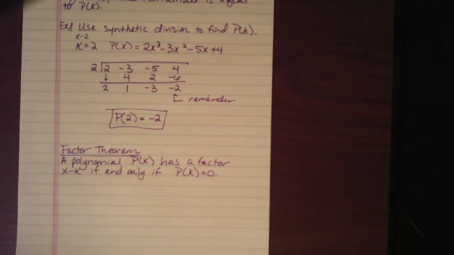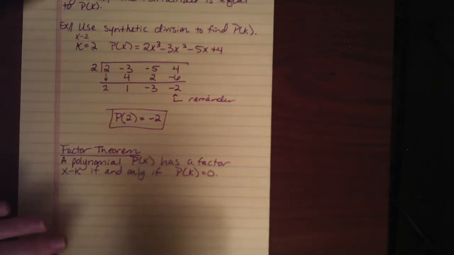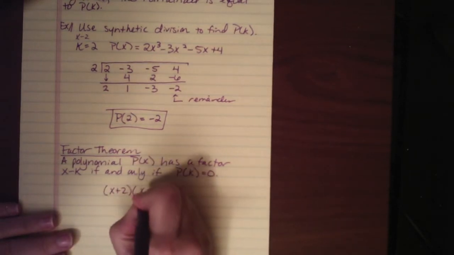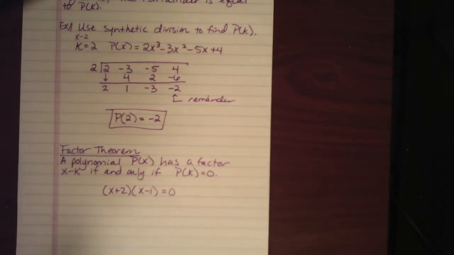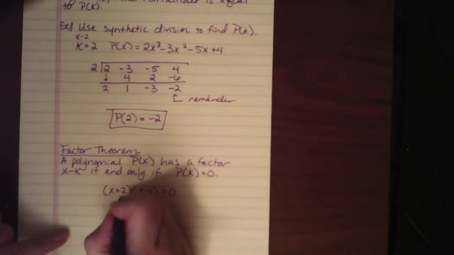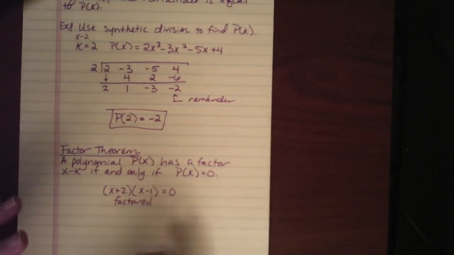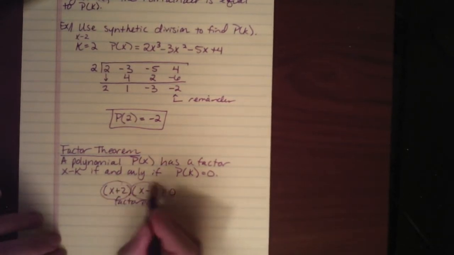This is something that we actually know from doing quadratics, right? If I have x plus 2 and x minus 1 equals 0, that would be a factored form of a quadratic equation, and each of these is called a factor.